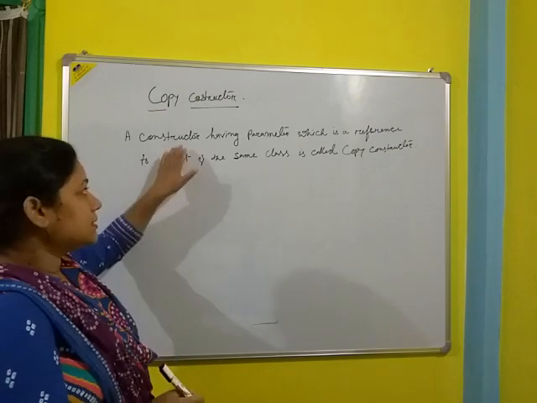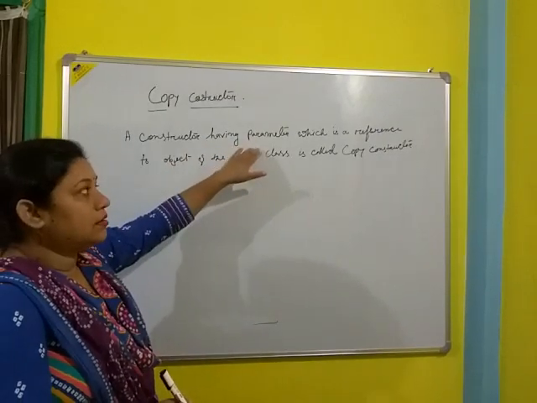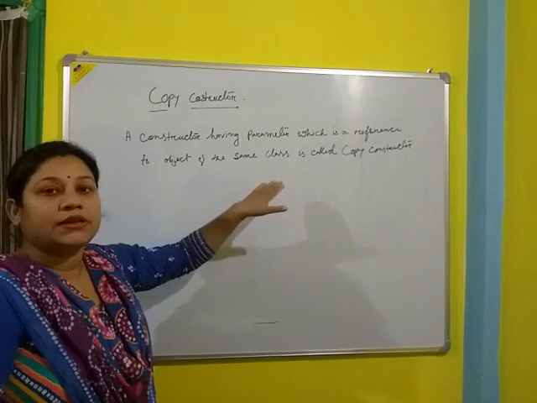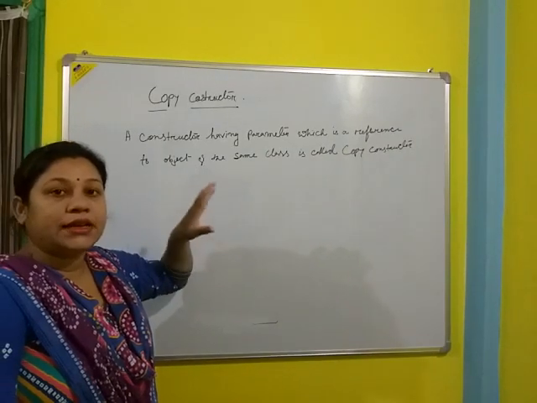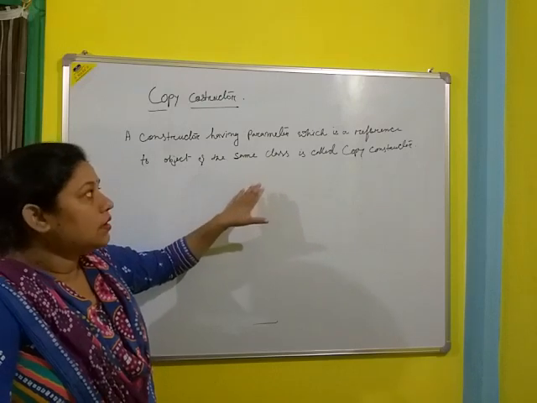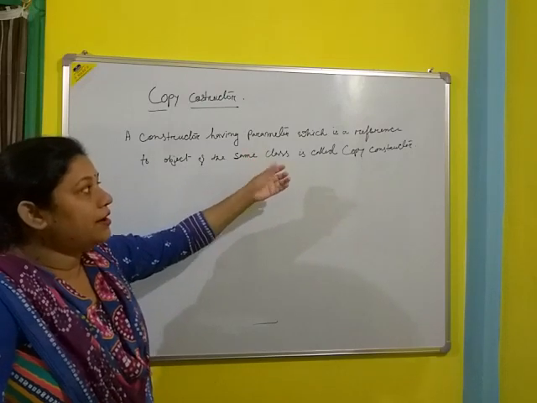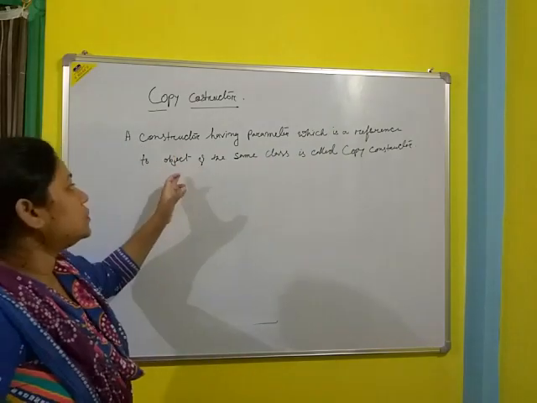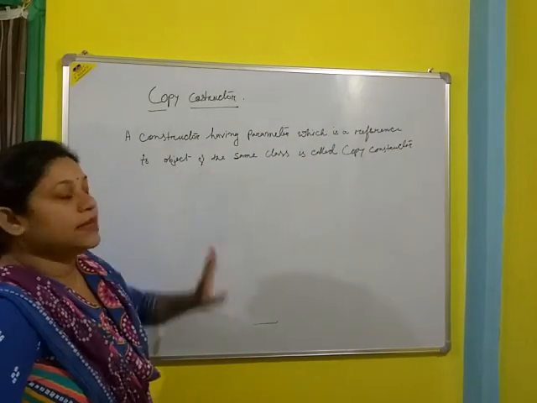So a constructor having parameter means I am going to create a constructor which has some parameter values. Okay, and the parameter is a reference to an object of the same class.